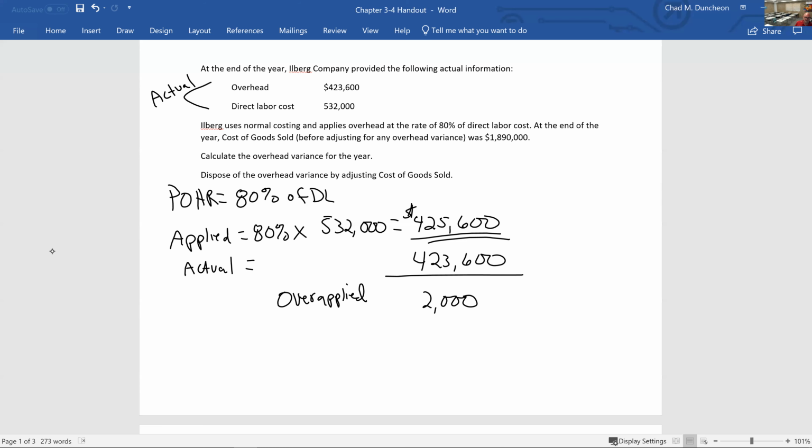Now it says dispose of the overhead variance by adjusting cost of goods sold. You have to think about this critically. If it was over applied, it means we need to lower our cost to bring it down to the actual cost. It means our cost of goods sold goes down. So if we were going to journal this, I'm going to make the second entry first. I'm going to credit my cost of goods sold by 2,000.